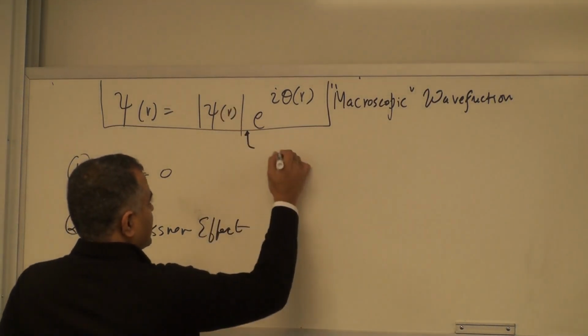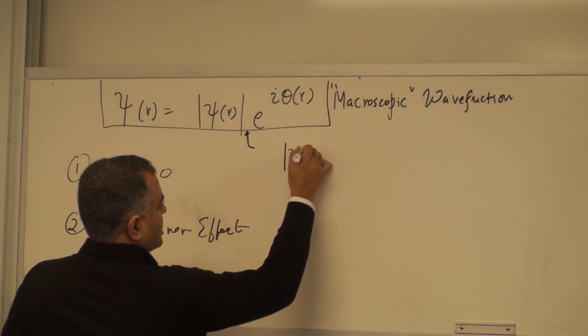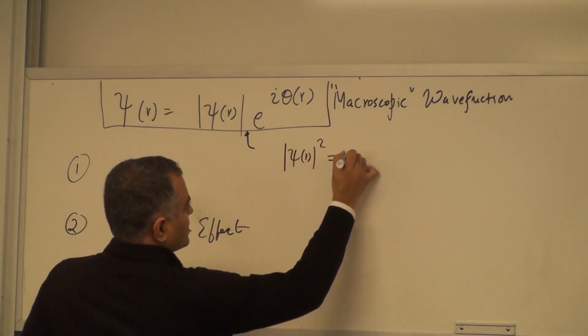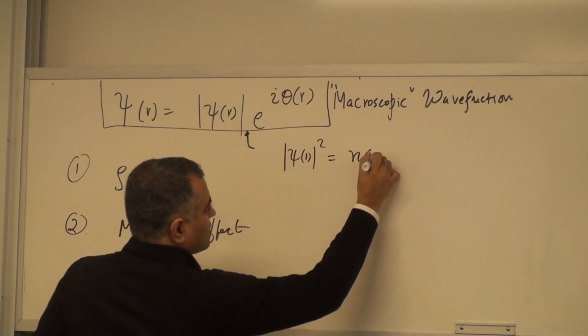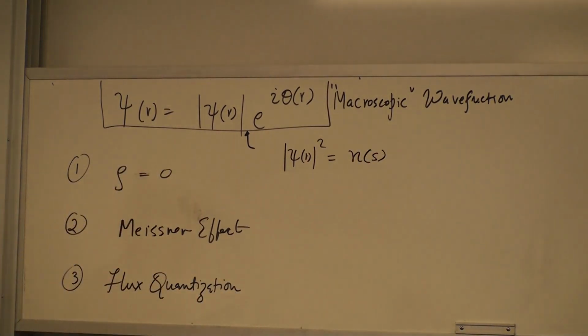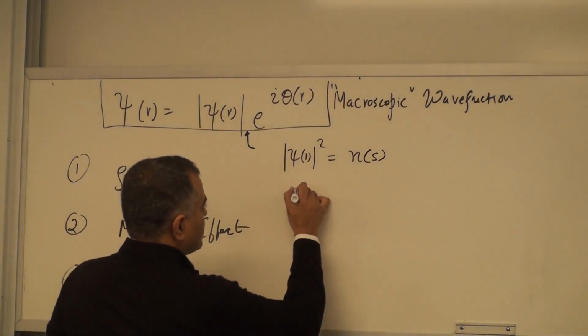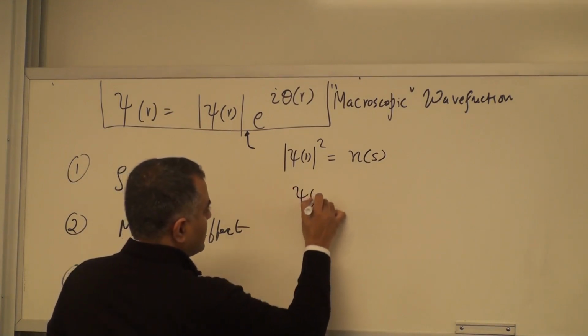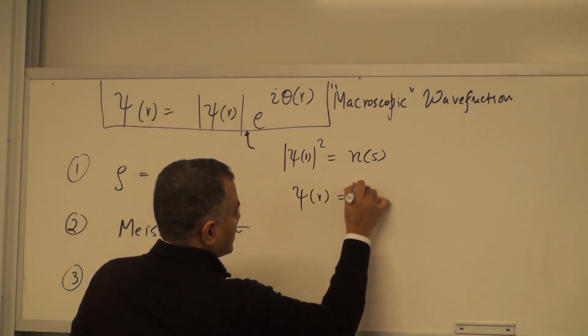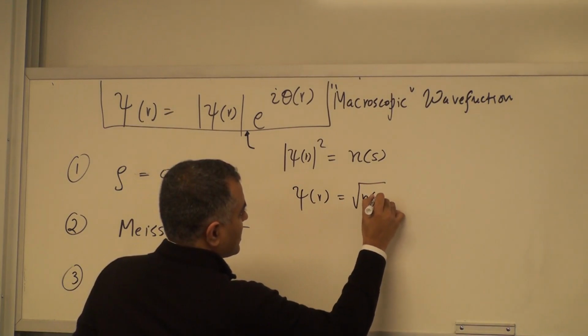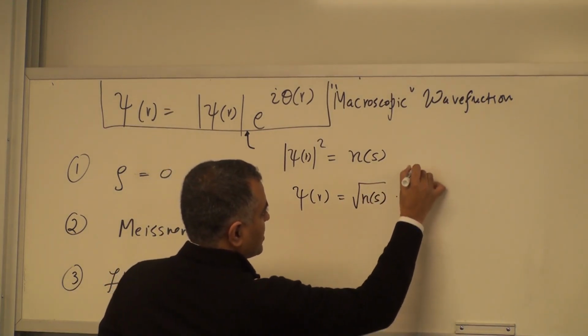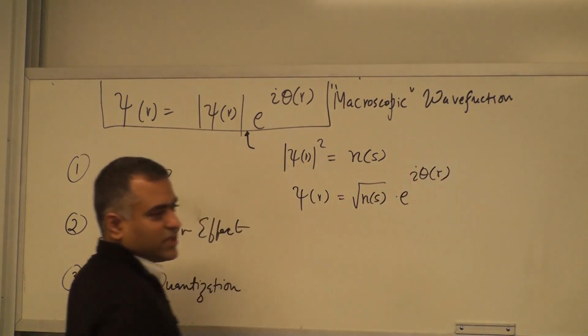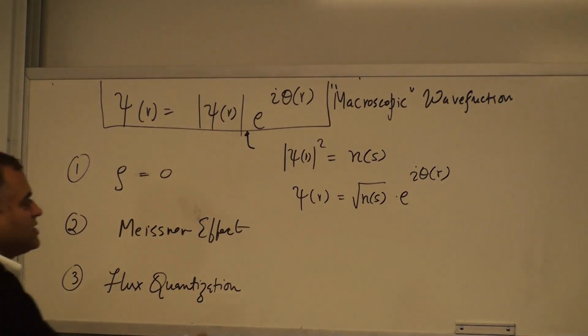So as a result, because mod psi squared is equal to the number density of the superconducting particles that are in there per centimeter cube, you can write this wave function also as a square root of the carrier density times e to the power i theta of r, right? So that's the reason why you can write it like that.